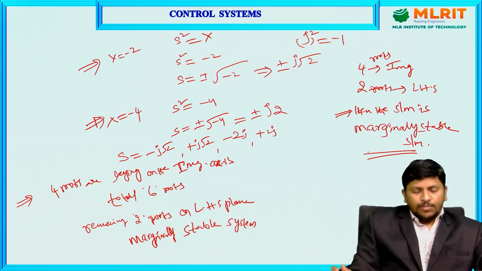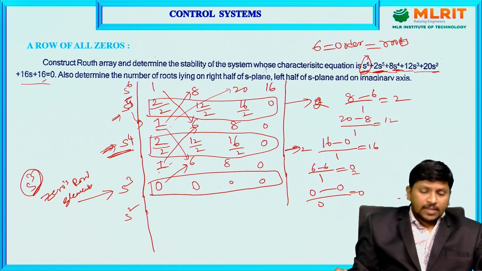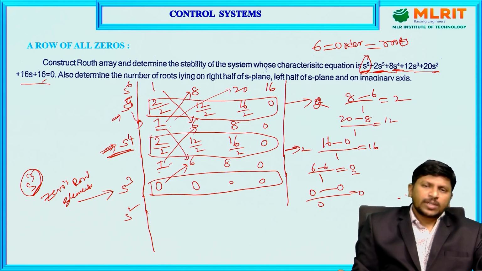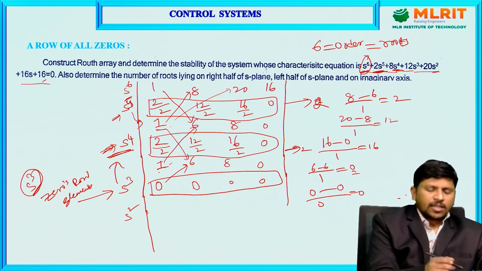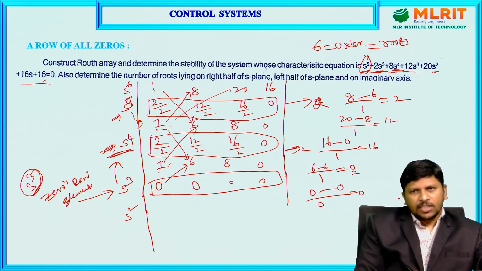Just observe how to follow this in special case 2. Arrange the array matrix, and for easy calculation we can divide or multiply by anything. When we get the zeroth row, we consider the auxiliary polynomial equation. The auxiliary polynomial equation is the row above the zeroth row, and we differentiate it with respect to s.